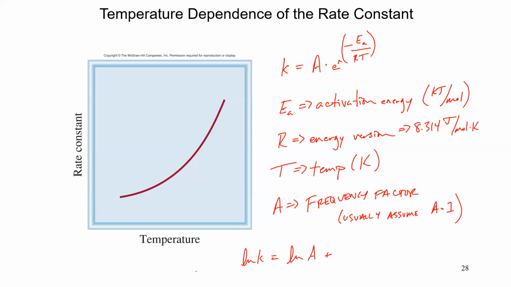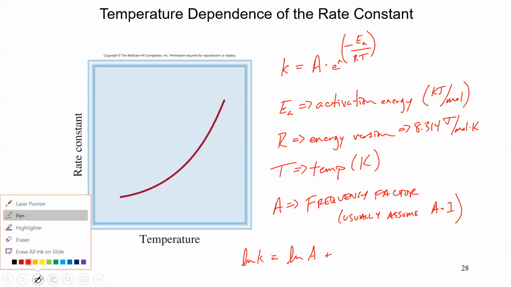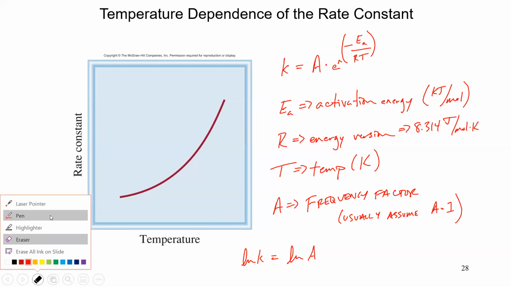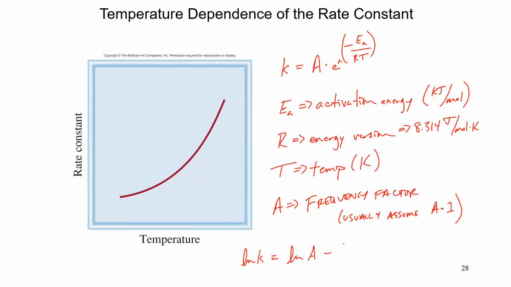well, let me make it a minus because we have this negative sign in front of our E sub A in the exponent, sorry. Minus EA over R. And I'm going to split the temperature out because look at our x-axis. Our x-axis is temperature.